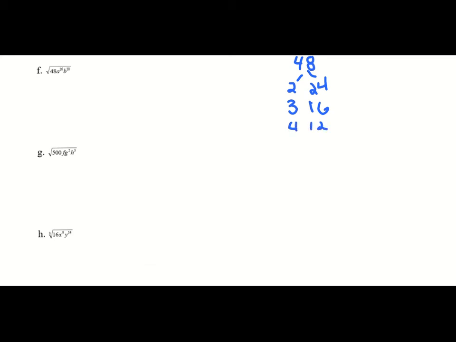I'm going to stop there because I see the first one that I can use, the 3 and 16. So I'm going to break my 48 into the square root of 16 times the square root of 3. And that's going to give me 4 square root 3. I'm going to leave a little space there because I have to put the rest of it on.